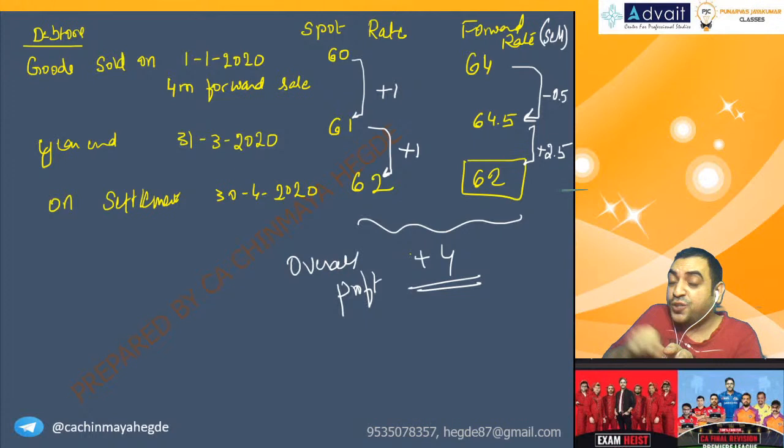You will sell at 64 as per contract, but buy in the market at 64.5. So buying at 64.5, selling at 64, it is going to be a loss. I'll repeat once more.